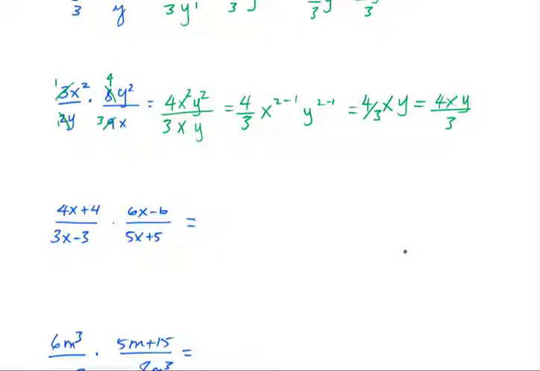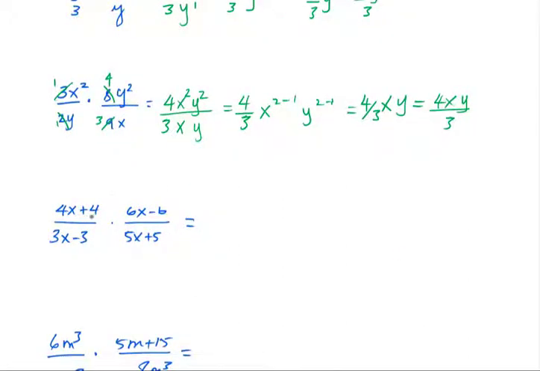Let's move on. 4x plus 4 over 3x minus 3 times 6x minus 6 over 5x plus 5. Now let's try to factor out what's common in each one of these terms. For the top one here, 4 is a common factor between these two terms. So we can take the 4 out and we're left with x plus 1.